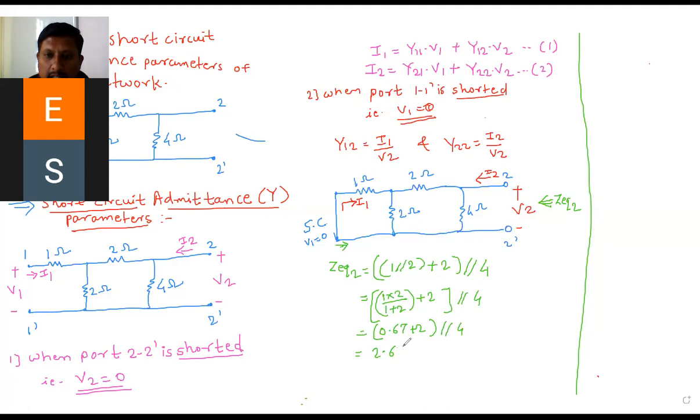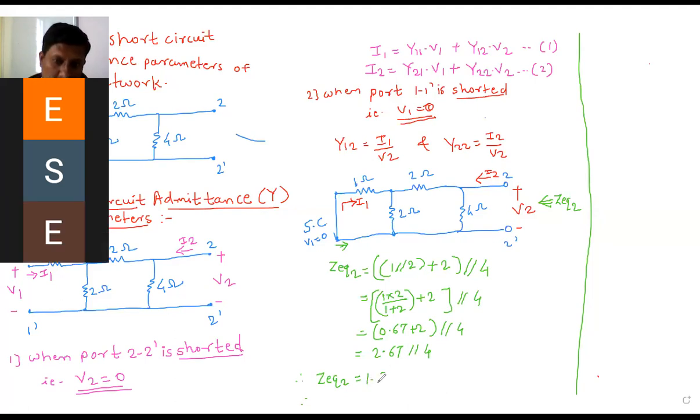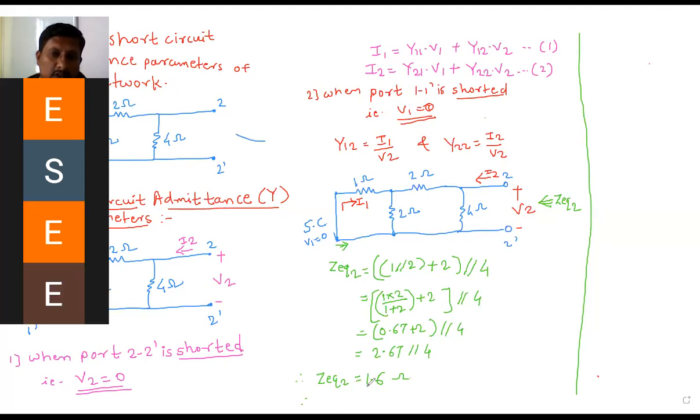Then how much remains? 2.67 is parallel with 4. You can find that out and tell. How much is it now? 1.6. Shall we take 1.6 ohm? Yes, sir. Okay, so Z equivalent 2 is equal to 1.6.